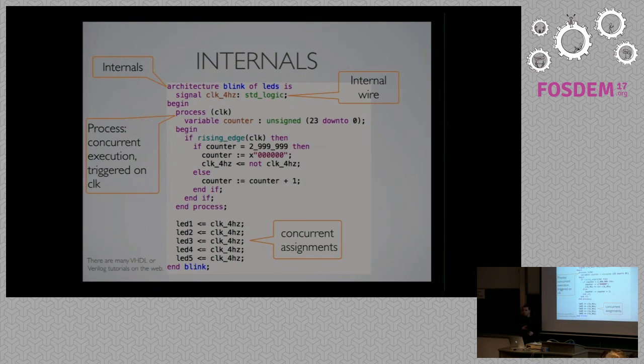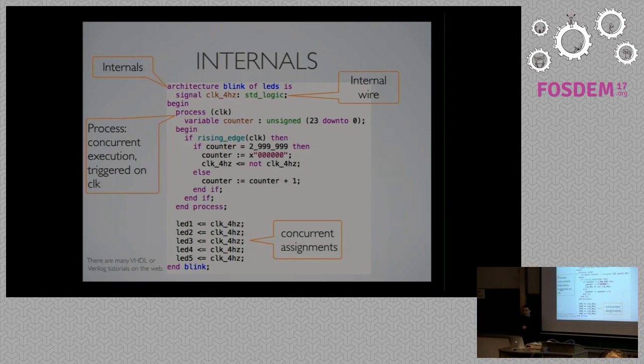All the LEDs will be blinked together at 4 Hz. To convert from 3 MHz to 4 Hz, I just use a counter that is incremented each time the clock has a rising edge from 0 to 1.